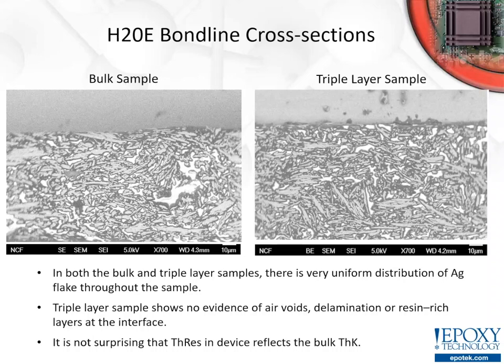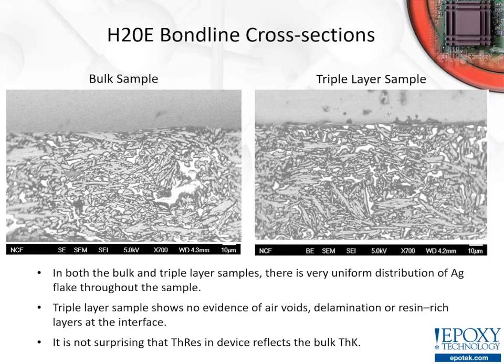To further investigate what was happening, we took these cross sections. These are the bulk samples versus the triple layer samples. We took those and cross-sectioned them with SEM. You can see in the bulk sample and the triple layer sample for our H20E a very uniform silver distribution.